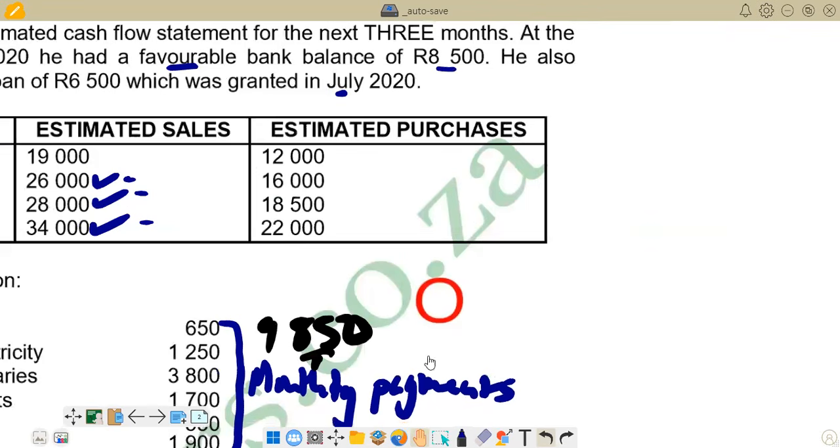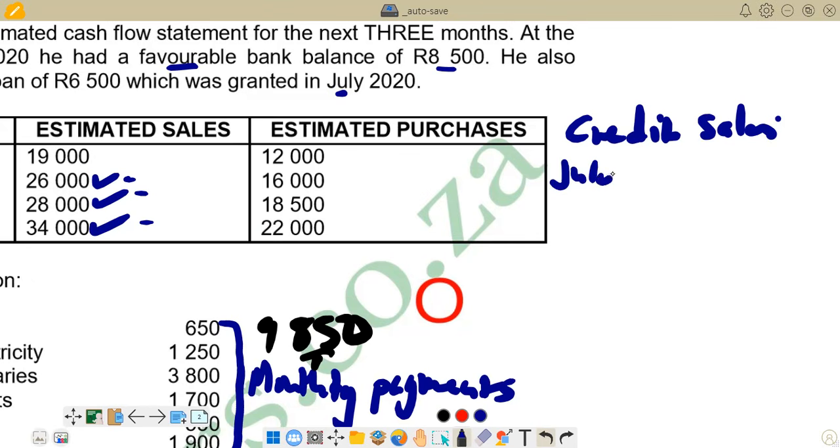So we can come here now and say, this is credit sales. For credit sales for July, we are going to use the figure for the previous month, which is 19,000. So we are going to say 0.4 times 19,000.